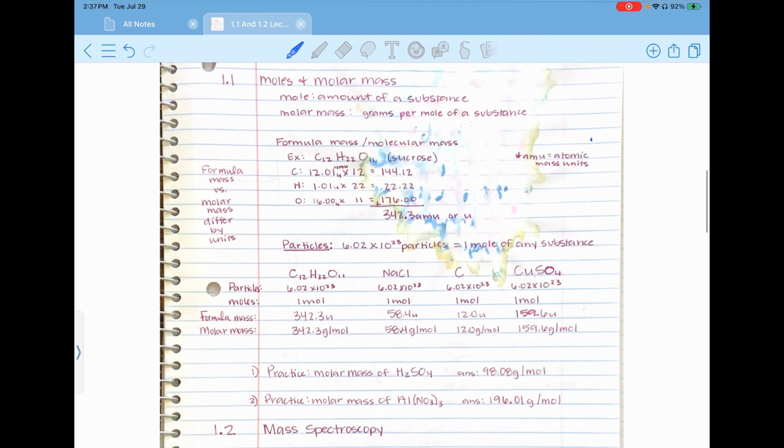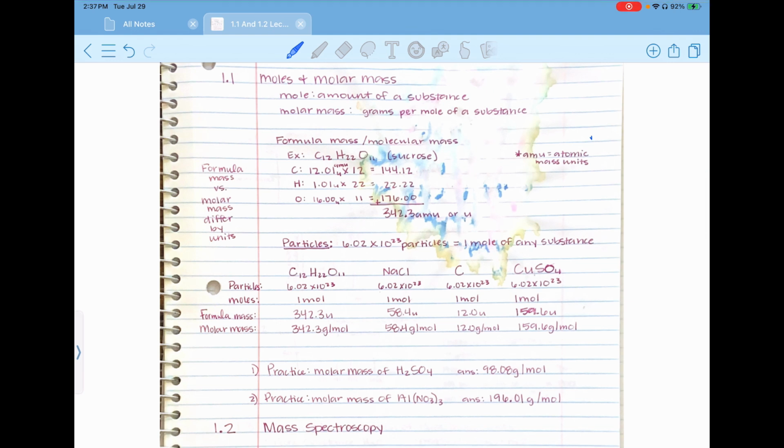Your carbon, for example, would be 12.01 in this example of sucrose, which is your table sugar, C12H22O11. So we would take our 12.01, again, that's rounded, and multiply that by how many carbons we have. Each carbon weighs 12.01, so we multiply that by 12, and we get a total mass of 144.12 for the carbons in the substance.